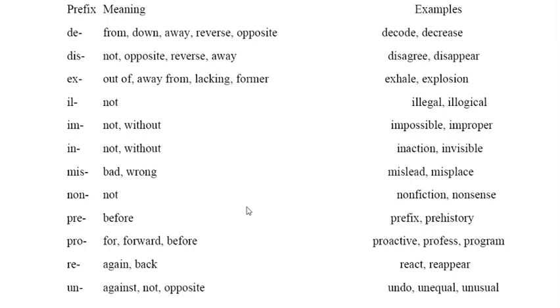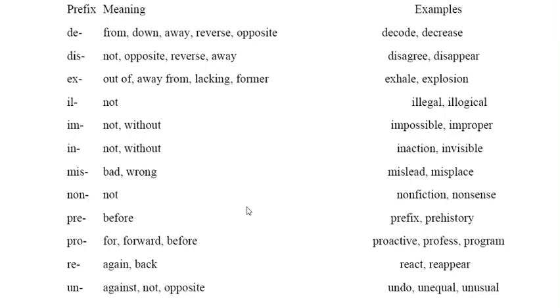Here we see the list of prefixes, with some examples. These are frequently used, and their meaning is mentioned here, along with some examples. First we see de. It means from, down, away, reverse, opposite, like decrease.